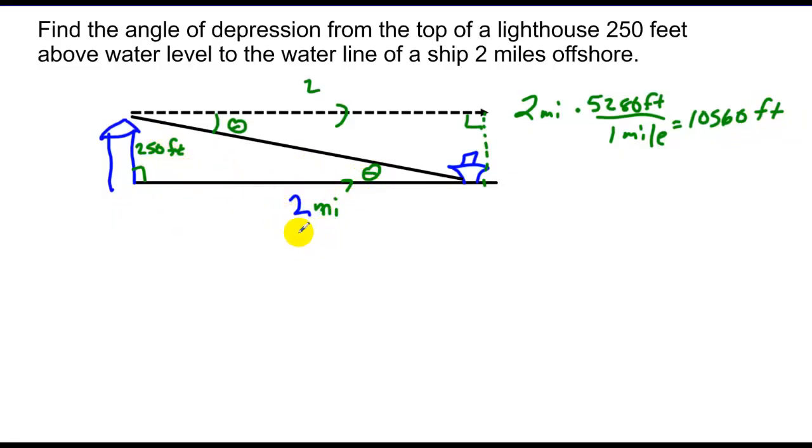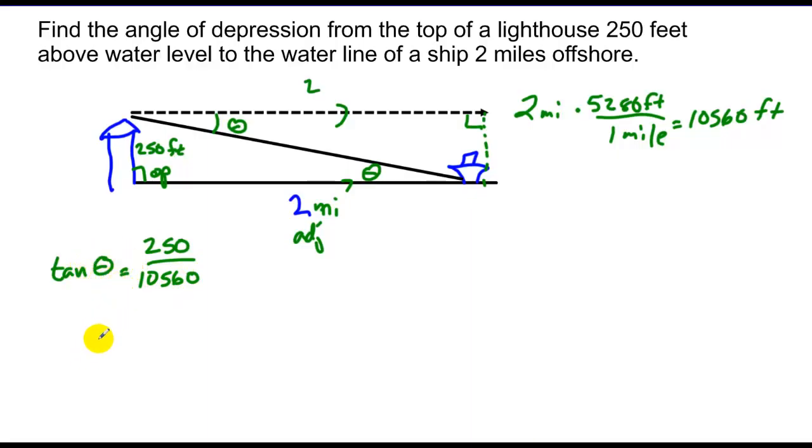So now we look at how these two relate. We see this is an adjacent, see this is an opposite. So again, that's a tangent ratio. Tangent of theta is equal to the opposite, 250, over the adjacent, which is 10,560.